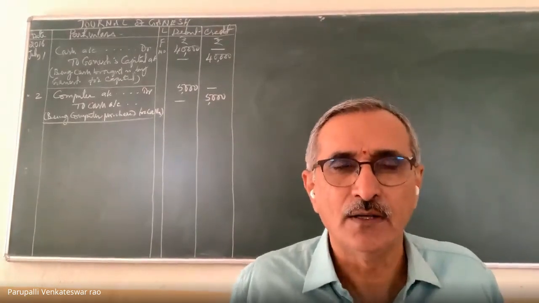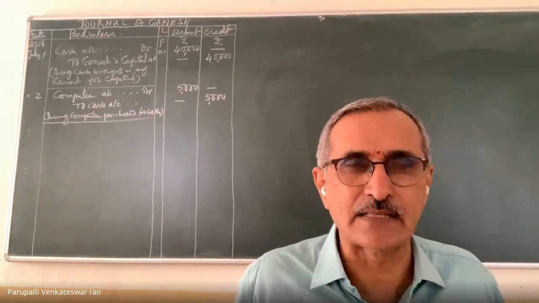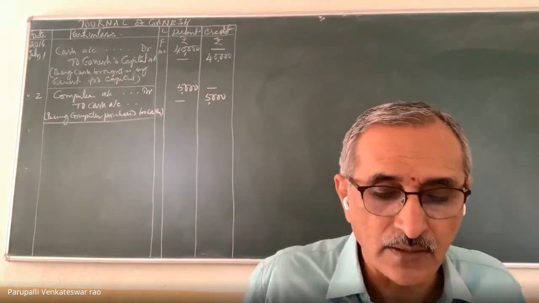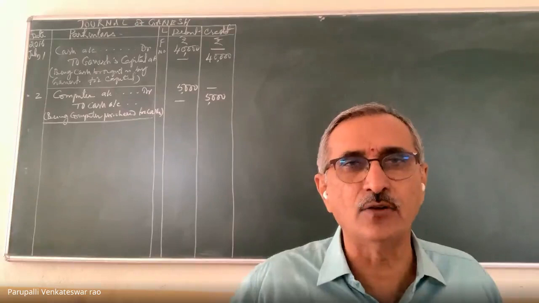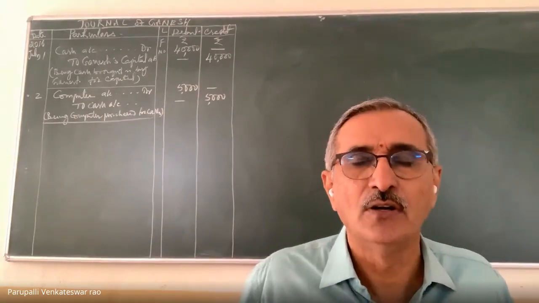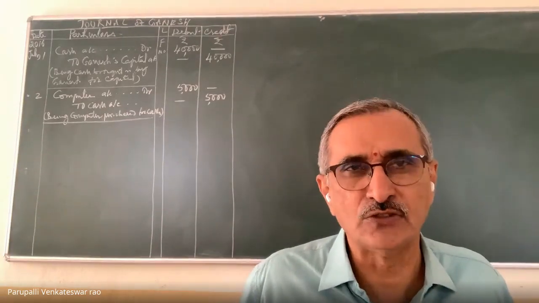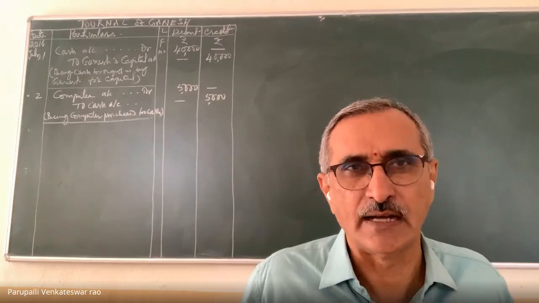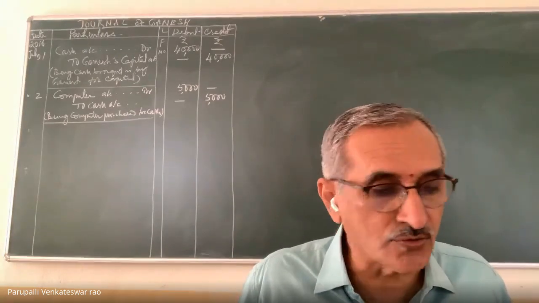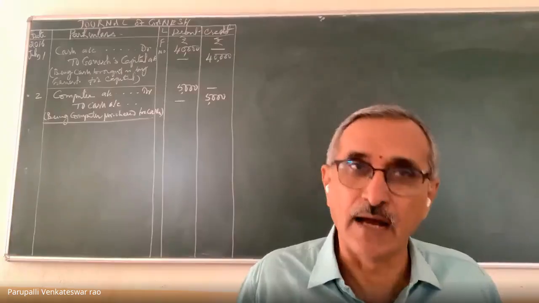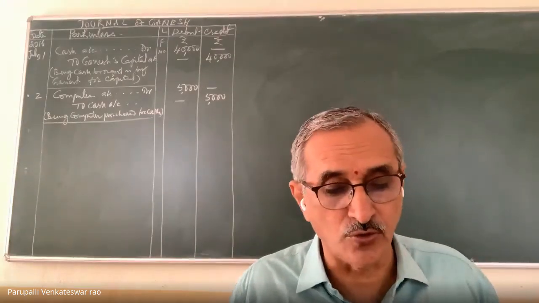So personal account, debit the receiver applies. So Ravi's account debit 5,000. Goods are going out of the business. So Ravi's account debit to sale of goods account 5,000. Being goods sold on credit.